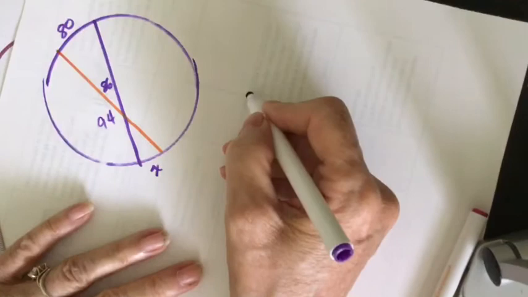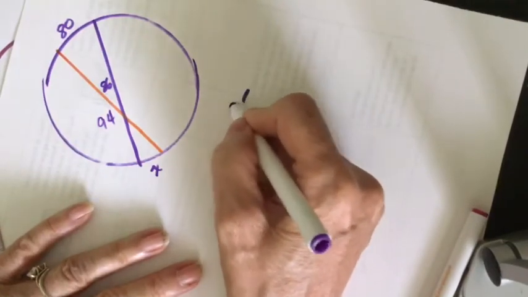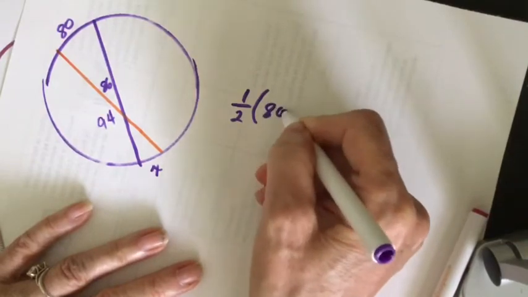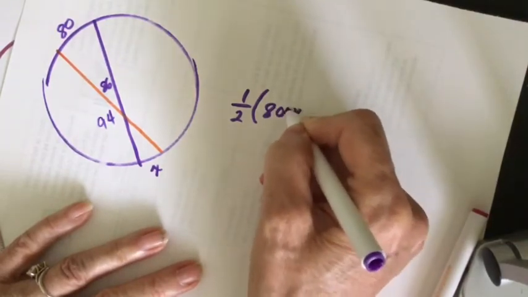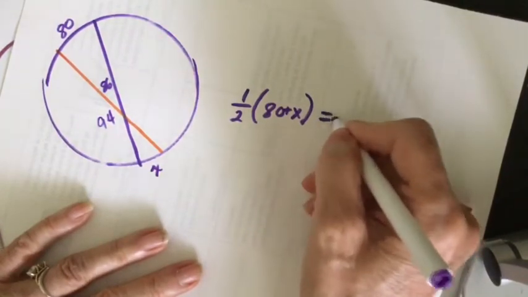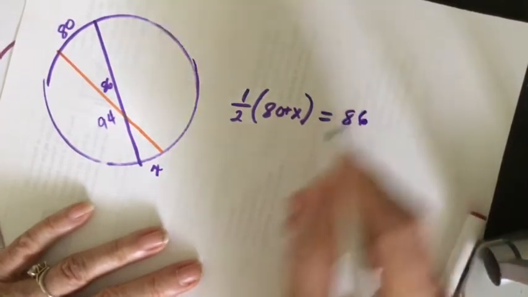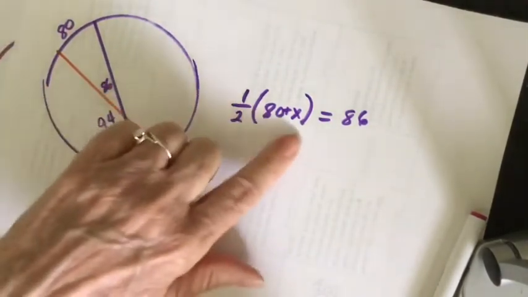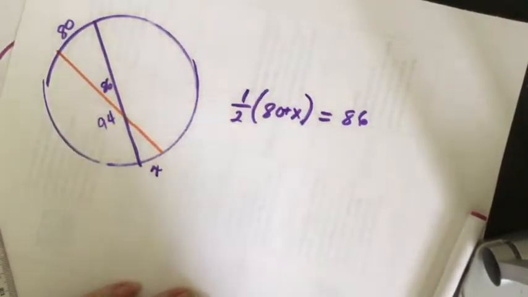Okay, so I know here that I have 1/2 (80 plus x) is equal to 86. Okay, 80 and x, those are my arcs. Half of that measure of those together equals 86.